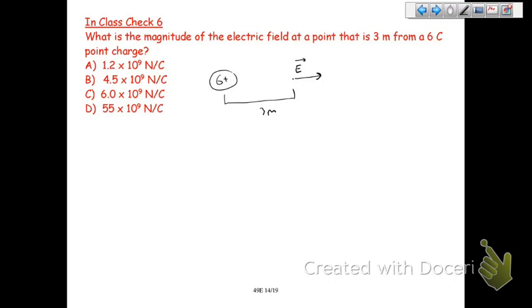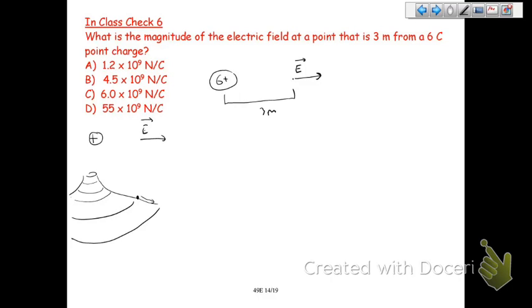My visualization is this: this is the gravitational equivalent. I think of the positive charge as being like a volcano, and there's my point of interest. Which way would a boulder roll? It would roll down the hill. That's the same direction that my electric field points.